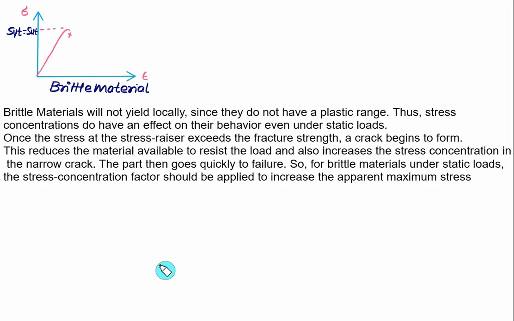As far as brittle material is concerned, the plastic part which is present in a ductile material is totally not present. So this part is not present, and therefore if you have local yielding, it will exceed the value of SUT. So suppose sigma max exceeds the value of SUT.